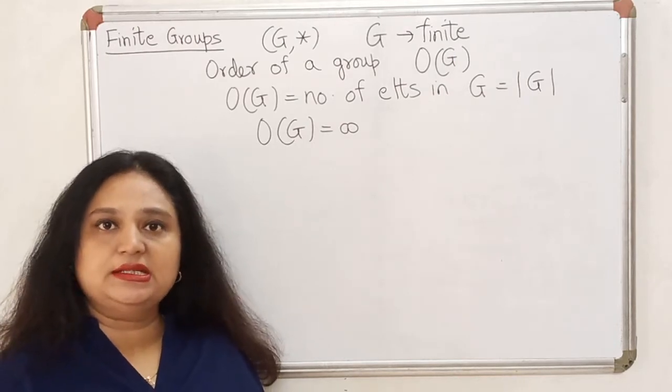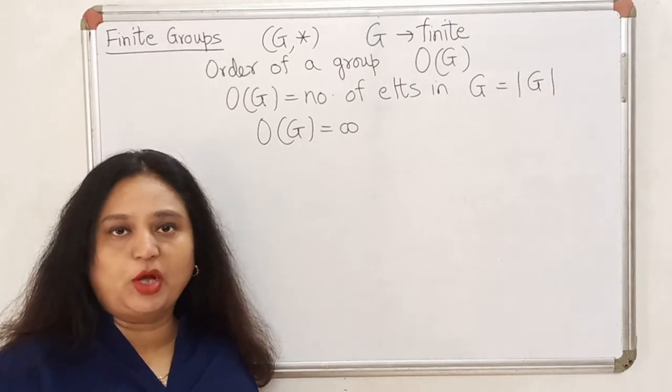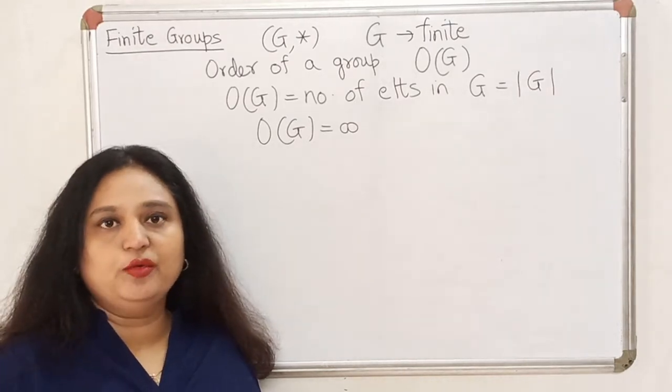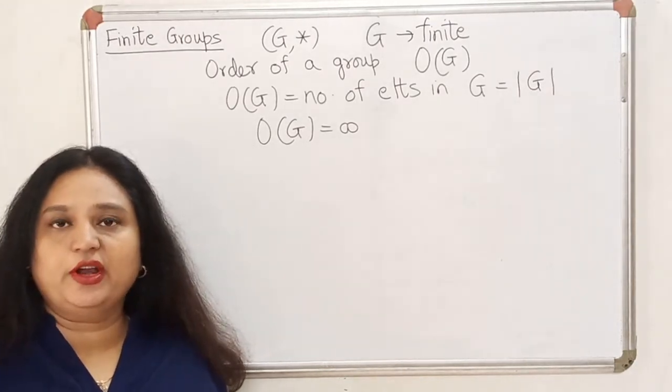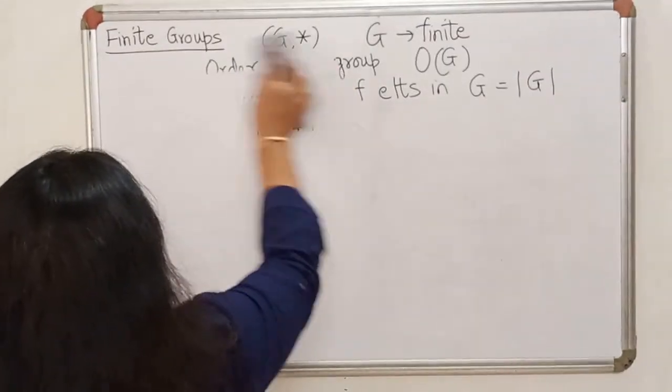So firstly, let us see how exactly we spot the identity from the composition table, and how we find out inverses for every element by looking at the composition table.